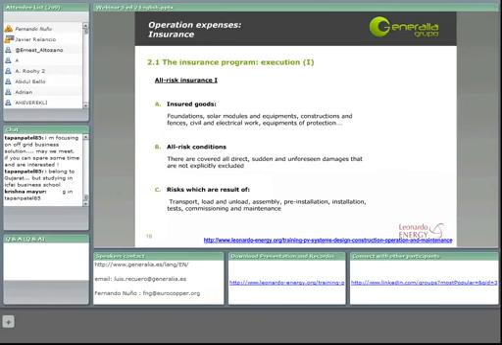Anyway, it is important to know that an all-risk insurance will cover all direct, sudden, and unforeseen damages that are not explicitly excluded from the contract signed with the insurance company.